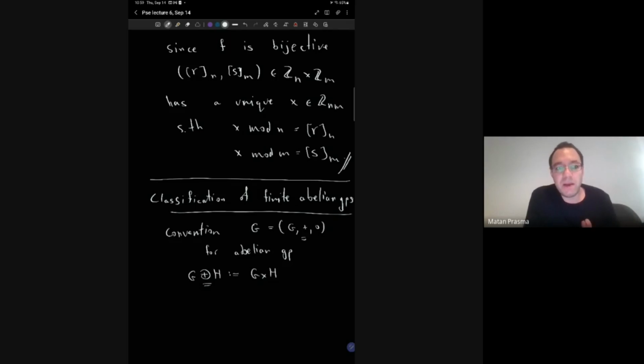In fact, the main results we proved, like Cauchy theorem and the first isomorphism theorem and Lagrange theorem, are actually true for non-abelian groups, but you need to formulate them slightly more carefully. And so now that this is done, we focus on abelian groups, which will anyway be the main application we have in elliptic curves.